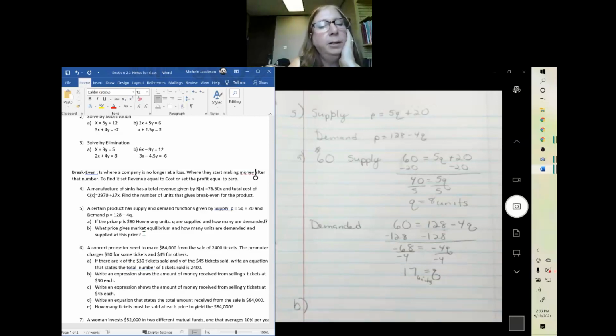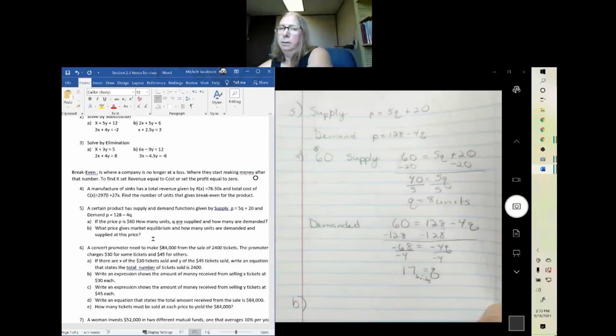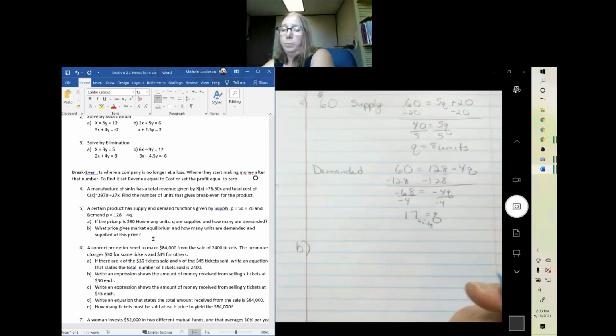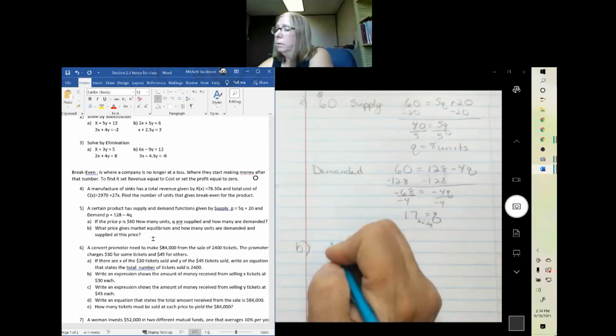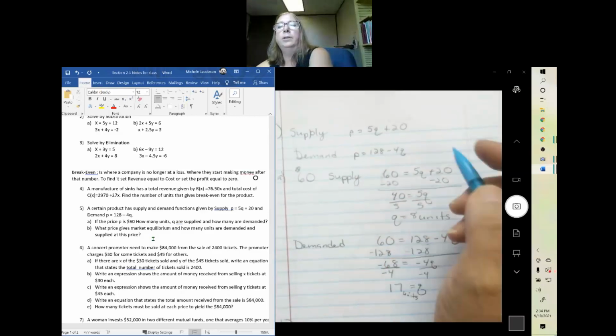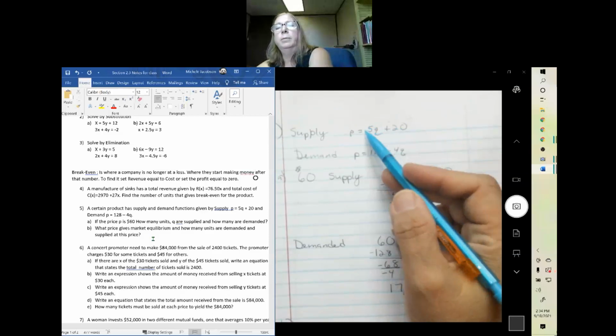Part B says to find the market equilibrium. Market equilibrium is when your supply and your demand are the same. To find the equilibrium, you set them equal. So we would set both equations, they're already solved for P, just set them equal to each other.